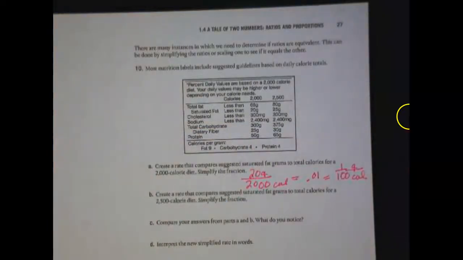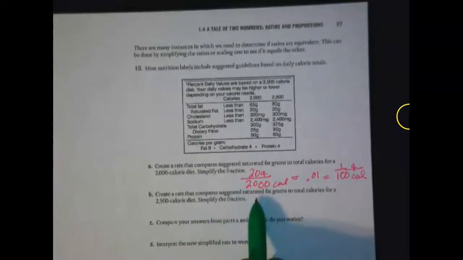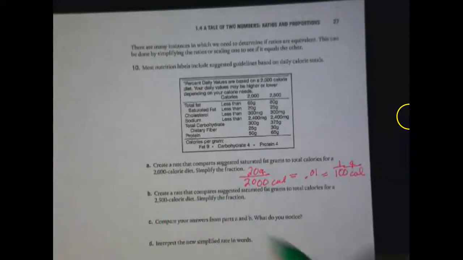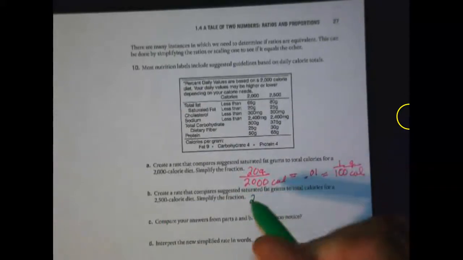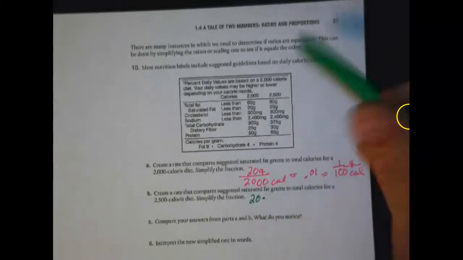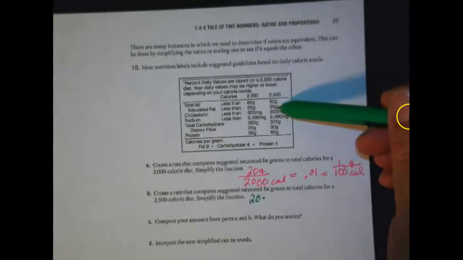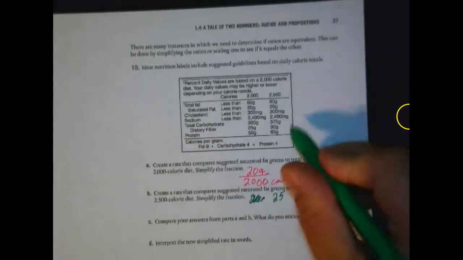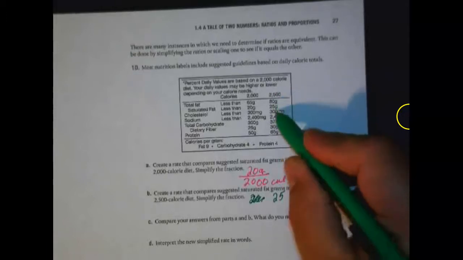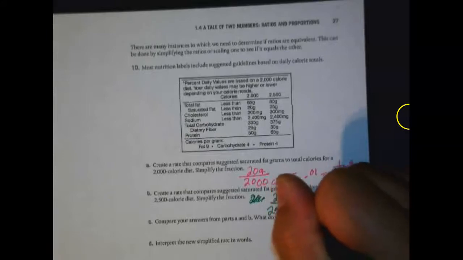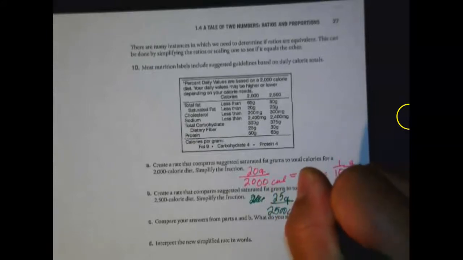Number 2, or B, I've got the same thing. Saturated fat, but for 2,500. Oh, no, they give us a different amount. 25, because I have to look at the 2,500 calorie diet. 25 grams, 2,500 total.